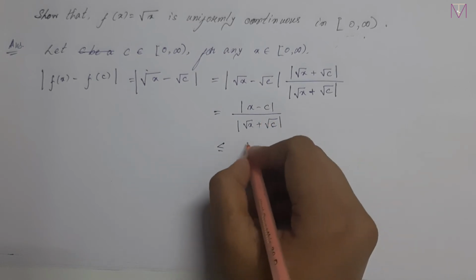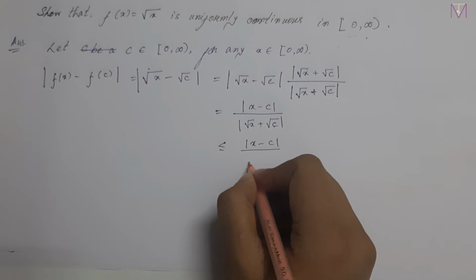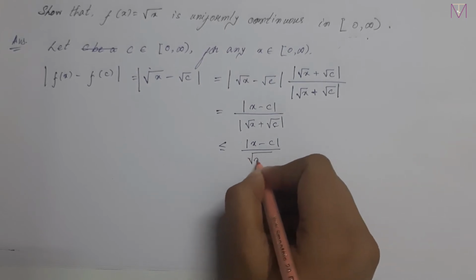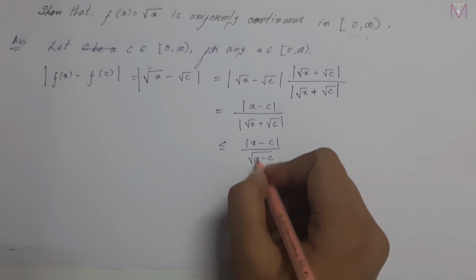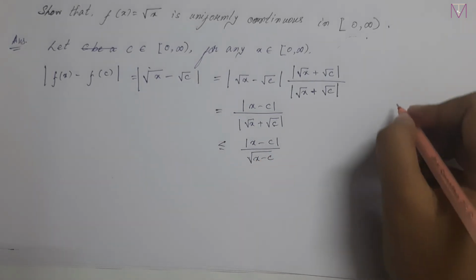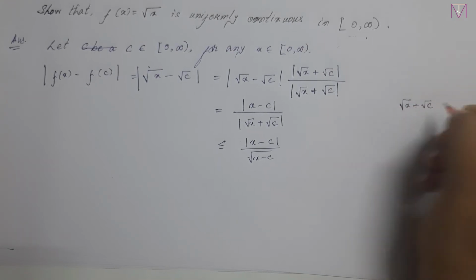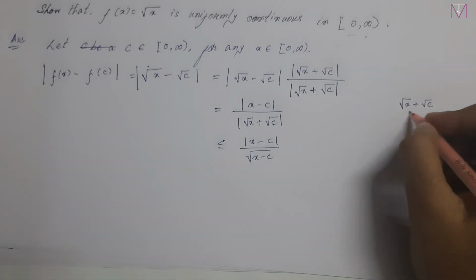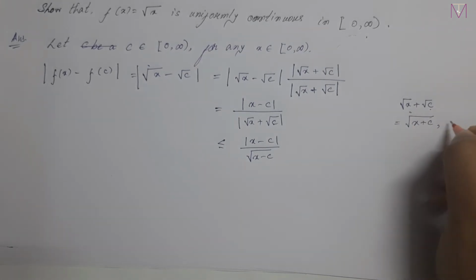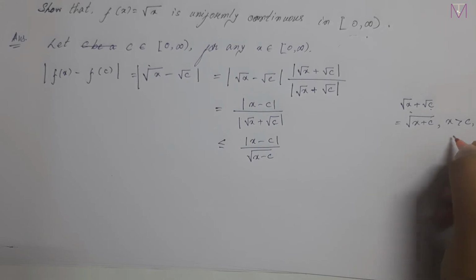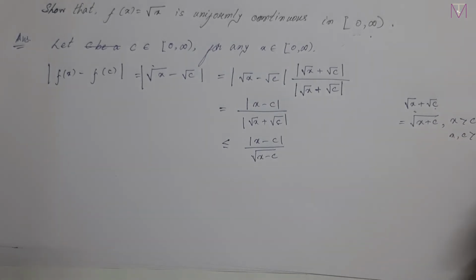Obviously, we can say that root x plus root c is at least root of (x plus c) if x and c are both greater than 0.